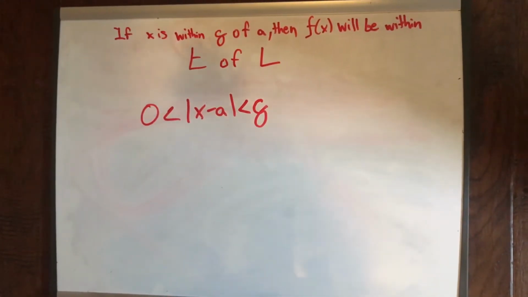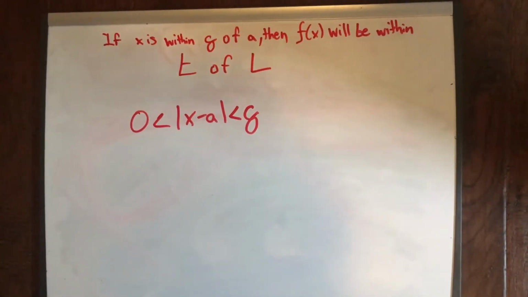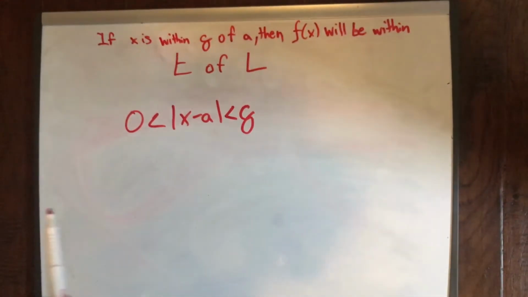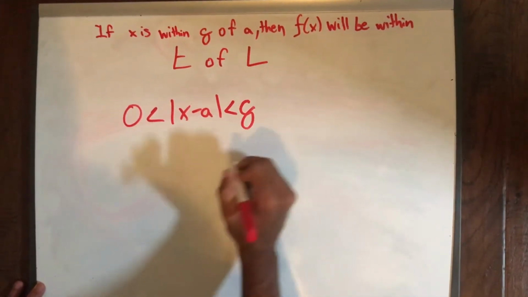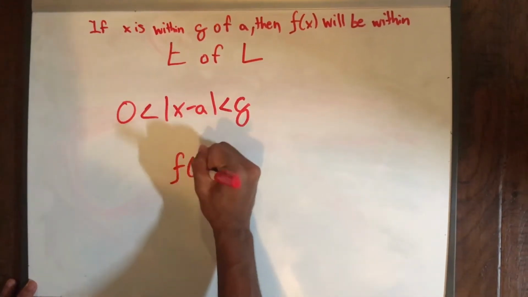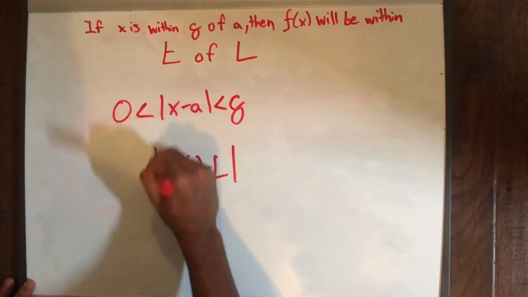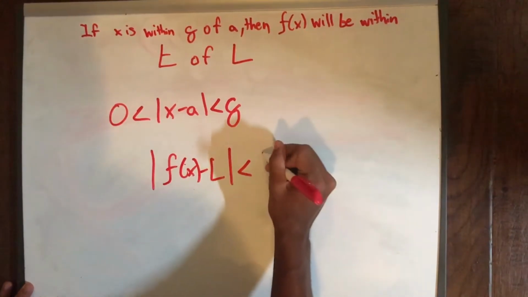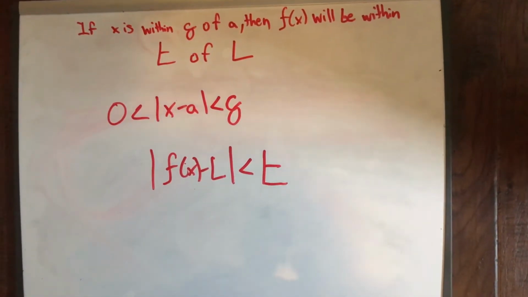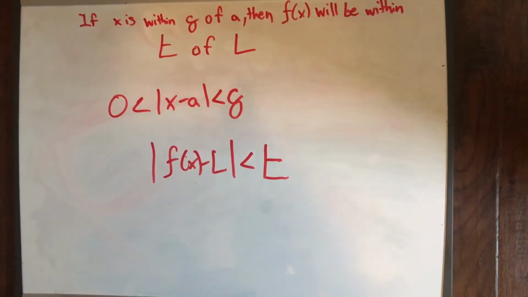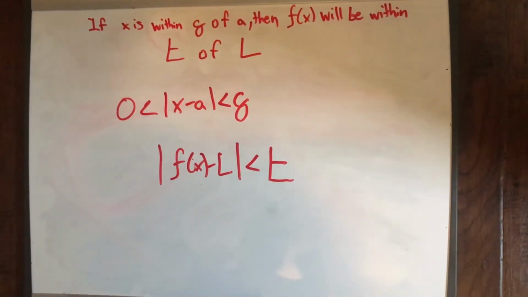This statement also allows us to say that f of x will be within 1 epsilon of L. So we can say that the absolute value of f of x minus L will be less than epsilon. With these two equations, we can solve for the formal definition of the limit.